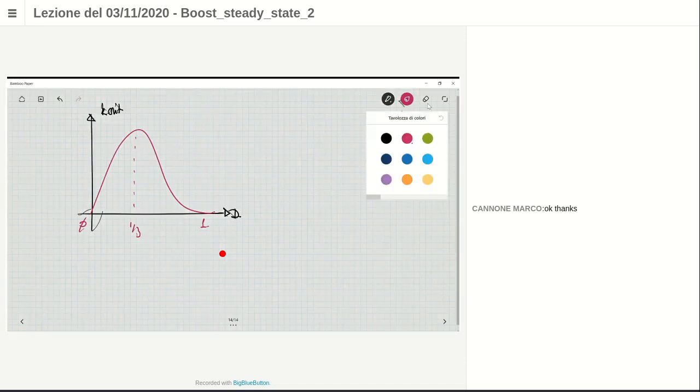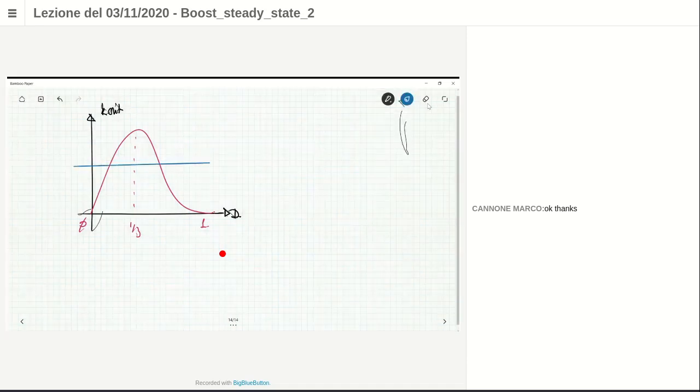Okay, and I said also that if you compare this with K, remember that K should be larger than K critical to operate in CCM. So for example, here and here, and K less than K critical to operate in DCM. So for example, inside the curve, DCM.